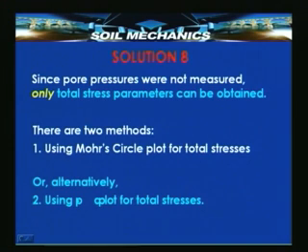To determine the total stress parameters today, we will see two methods. One is of course the Mohr circle plot, about which we had talked earlier for a long time. Another is the so-called PQ plot, and both of them can be used for determining the total stress parameters.